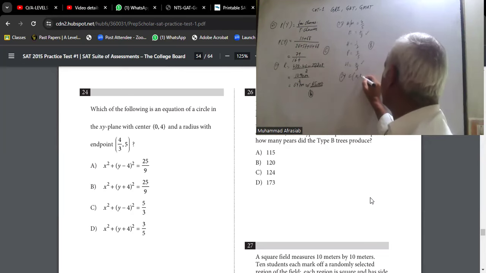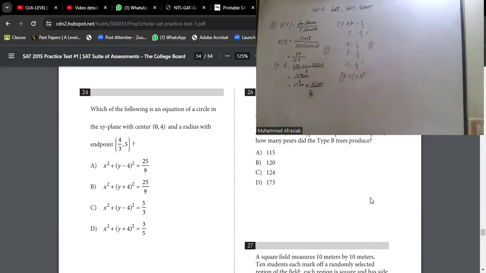Center is 0 and 4 and the radius with the endpoints as 4 over 3 and 5.